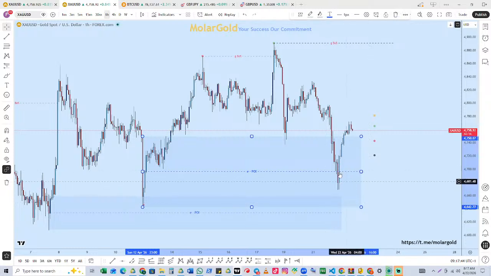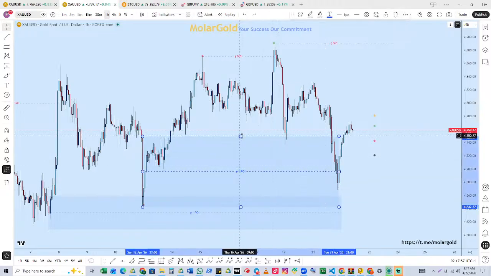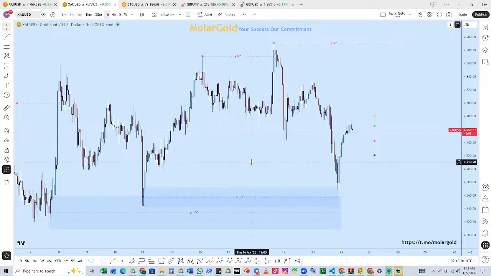And you see price already triggered the 50% of that POI. But I did not draw this POI for a reason. Because we've not fully mitigated this one and we are close to it.